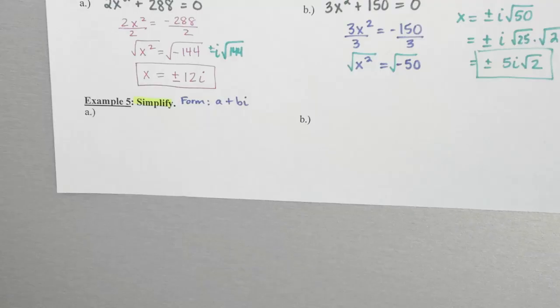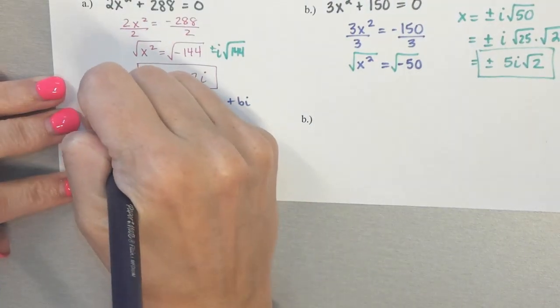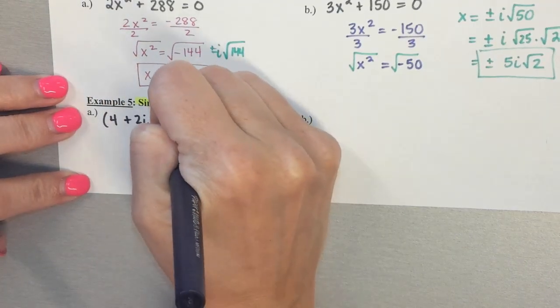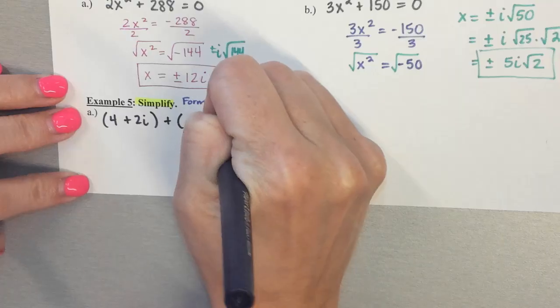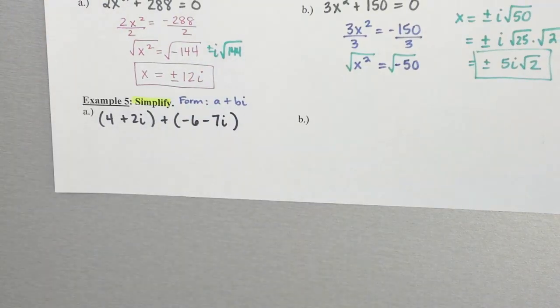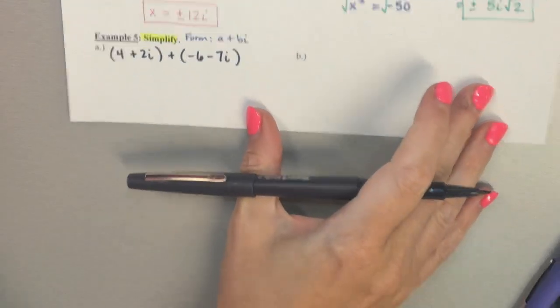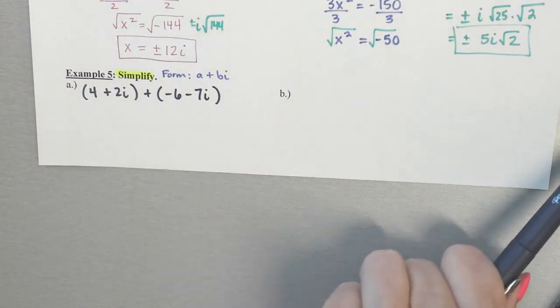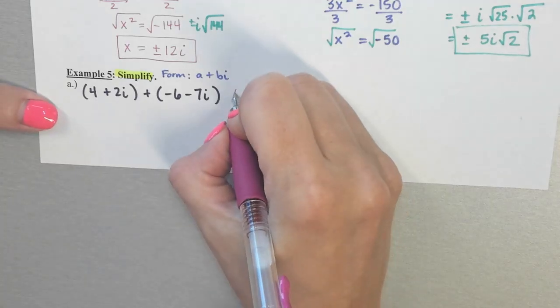All right, let's do this. So for A, we have 4 plus 2i plus negative 6 minus 7i. Okay, and all we have to do here is add or subtract like terms.